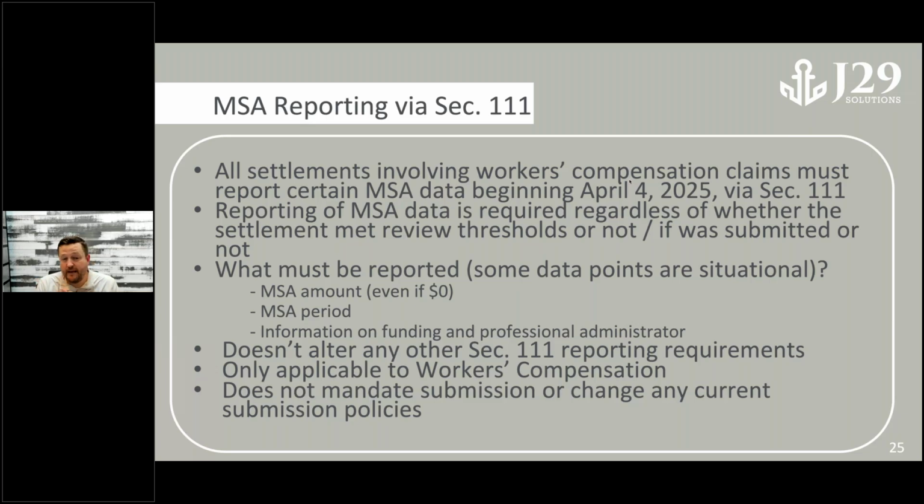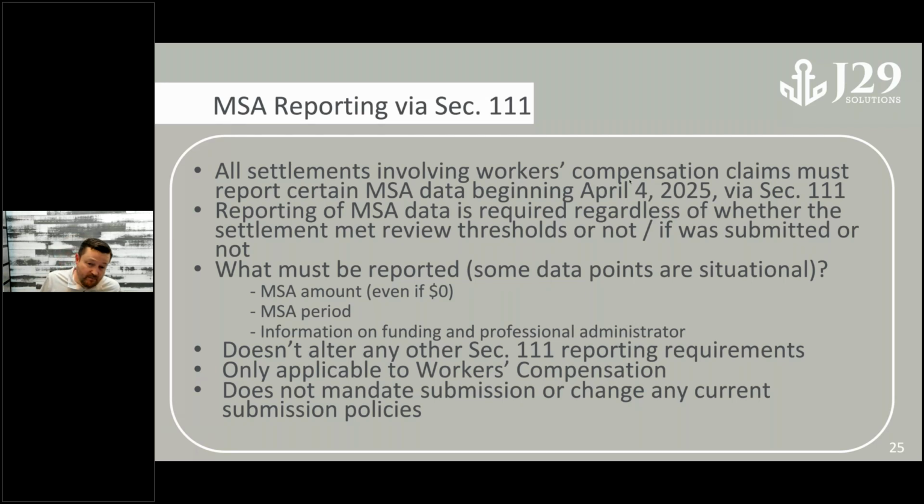They want to know the MSA amount, even if the MSA amount was $0. They want to know the MSA period, meaning how long is the responsibility open, effectively the life expectancy of the individual, or adjusted life expectancy. So how long is the MSA going to be there for this individual? And then they want information on funding.